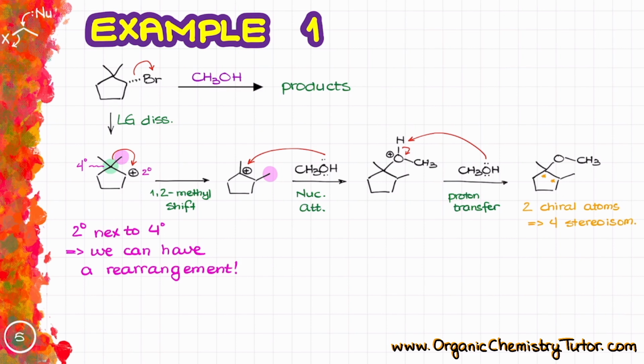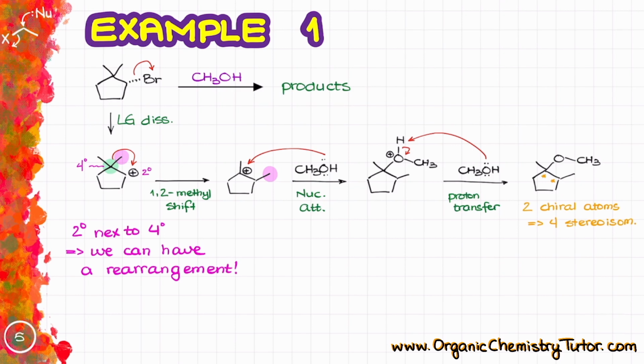Next, once we have this new tertiary, more stable carbocation, we're going to proceed with a nucleophilic attack on our carbocation with the nucleophile that we have, and that nucleophile is going to be methanol. And as methanol attacks, we're going to form a protonated intermediate, so to make the final product, we'll have to lose that proton to the environment.